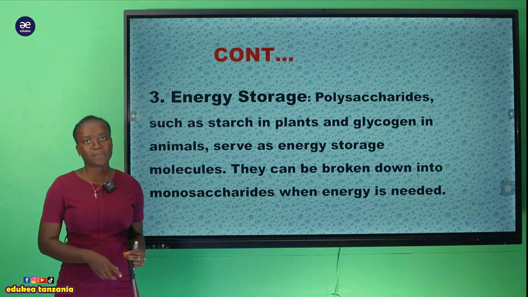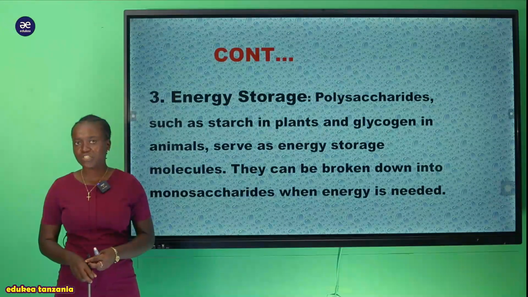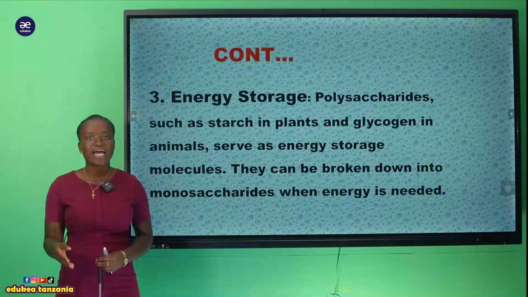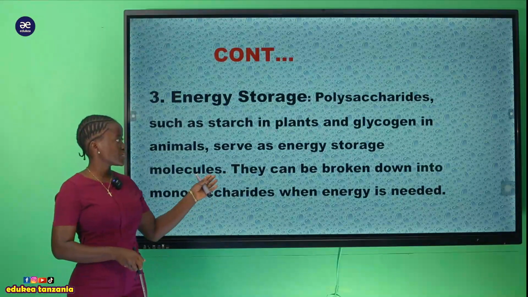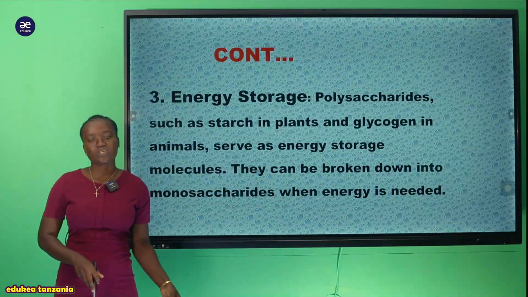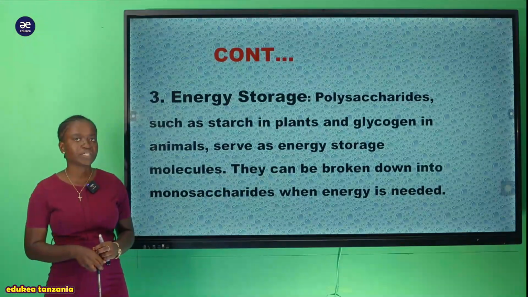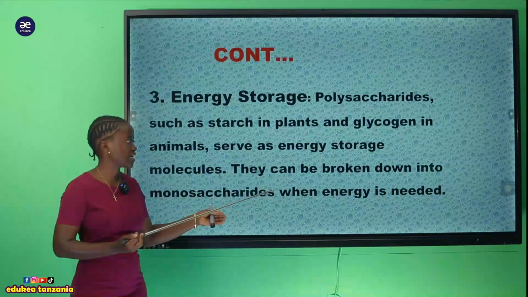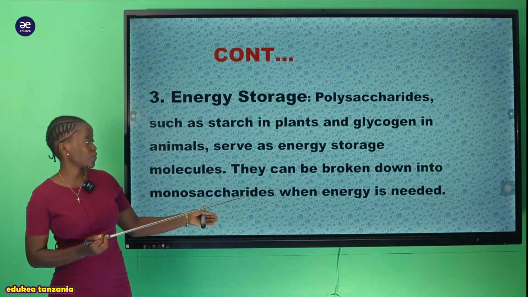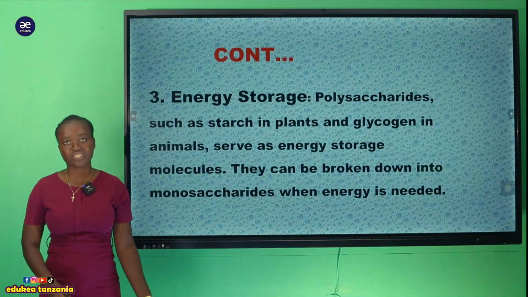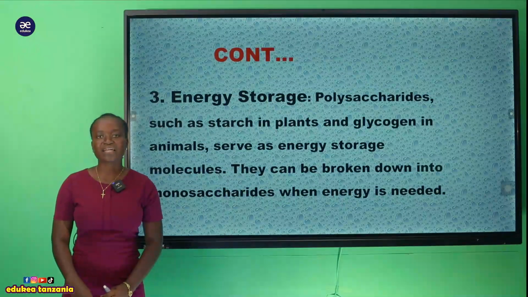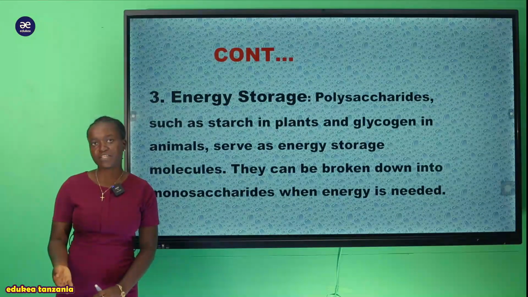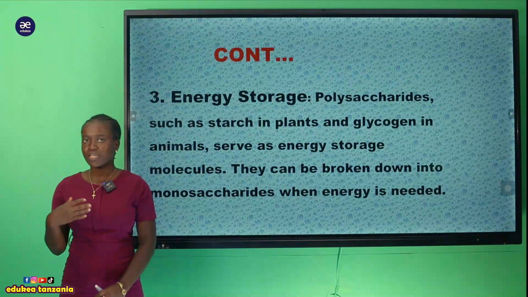For instance, in a plant they use starch, which stores the carbohydrates that can be used in adverse conditions. Also, glycogen is used to store food. Most of the polysaccharides can be broken down into their monosaccharides when energy is needed, where there is starvation within any kind of organism, such as a plant or an animal.